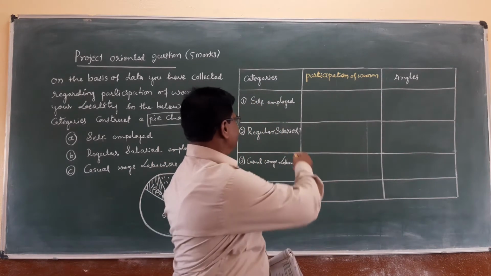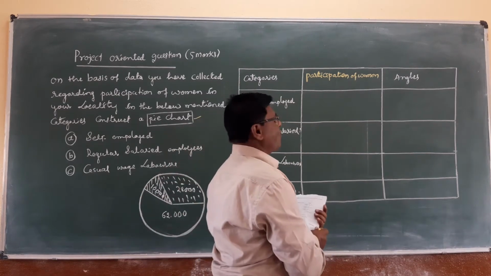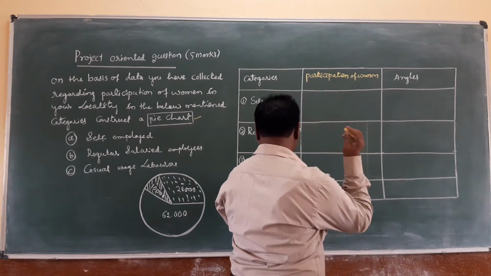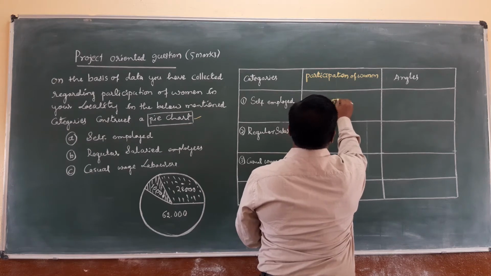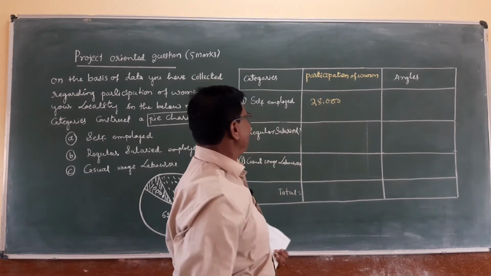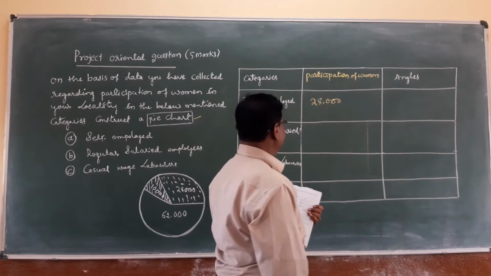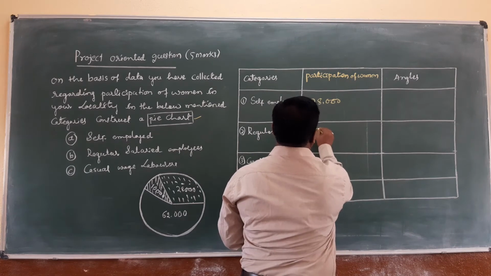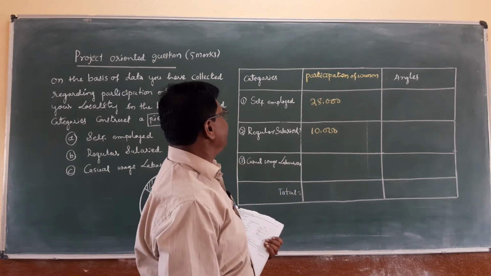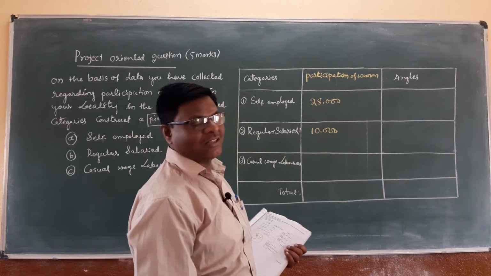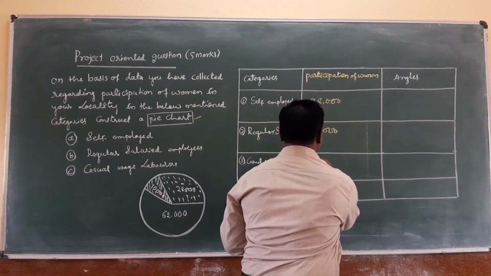First, how many self-employed are there? Your own collected data is, for example, 28,000 self-employed, regular salaried employees are 10,000, and casual wage laborers are 62,000.